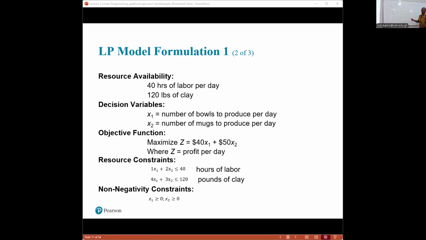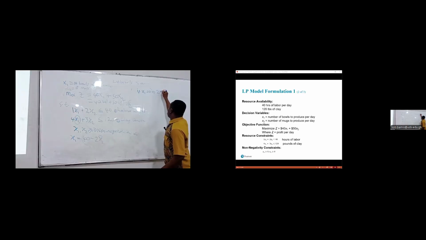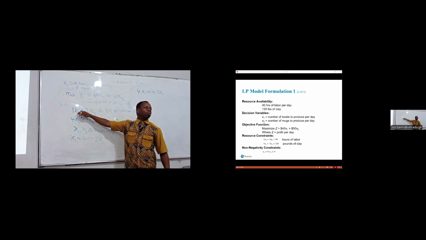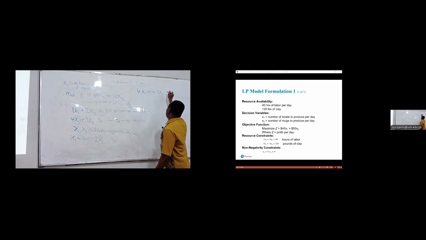First, we say that suppose x1 is equal to 0. In this equation, what do we have? It will imply 2x2, because this will be 0, is equal to 40.